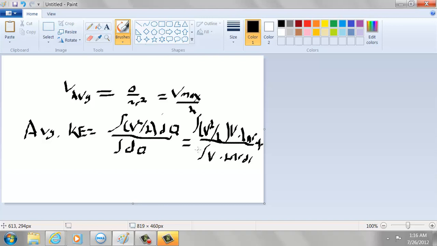If we took the integral of this, the integral of v is v squared over 2. The integral of 2 pi r is going to be pi r squared. And I'm sure you notice the difference right away. That's going to be equal to q, the volumetric flow rate.